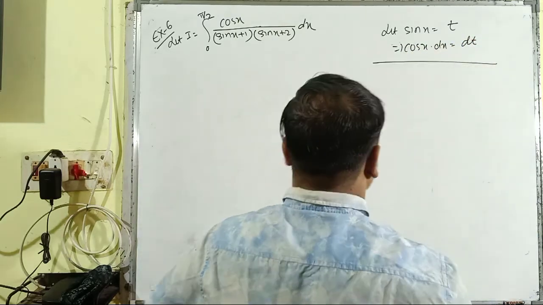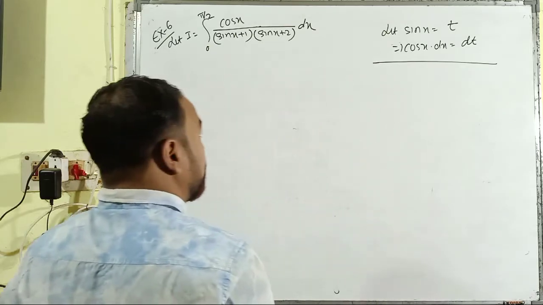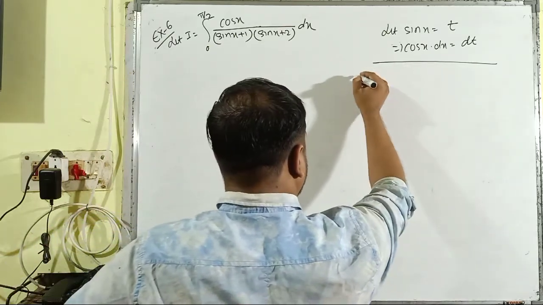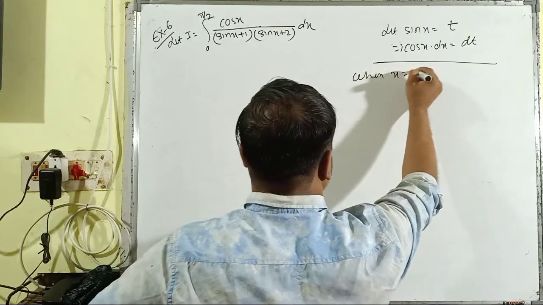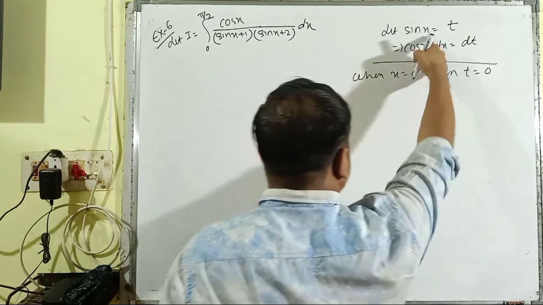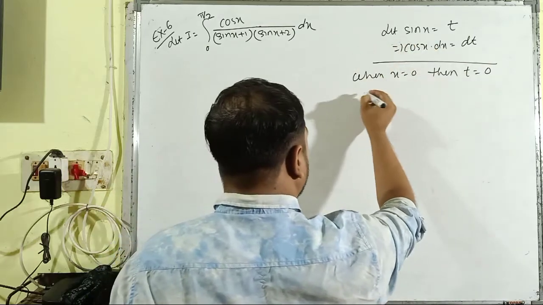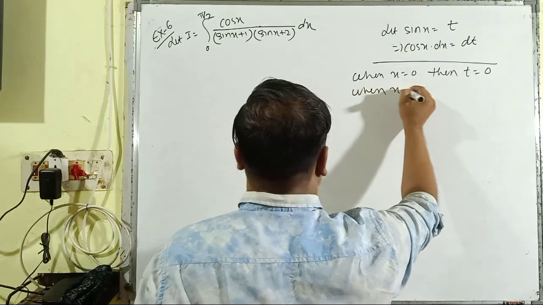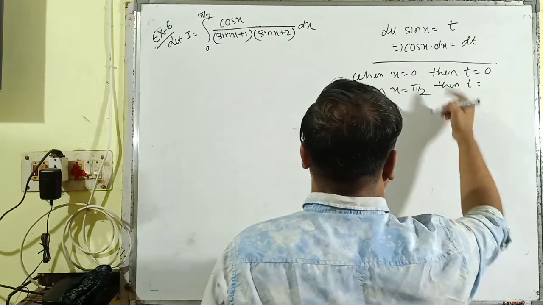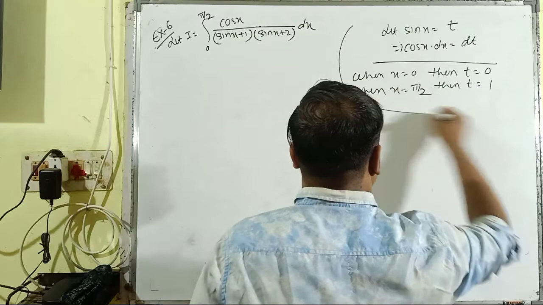Then we have to change the upper limits and lower limits as per the new variable here. When x is equal to 0, then t is equal to again 0 because sin 0 is 0. When x is equal to pi by 2, then t is equal to sin pi by 2, it is 1.